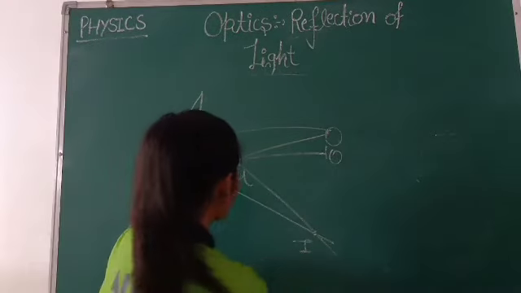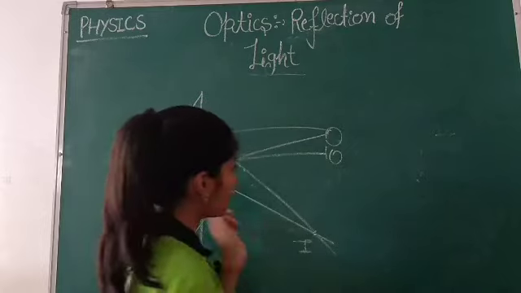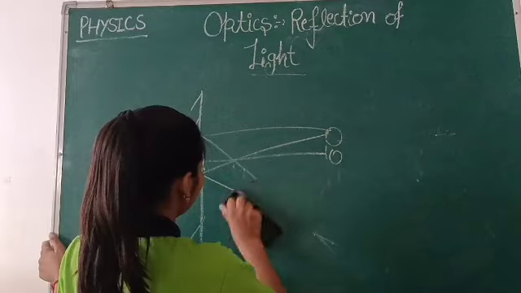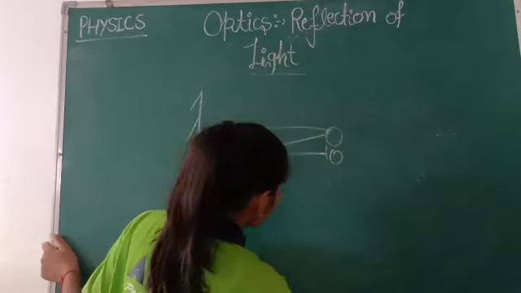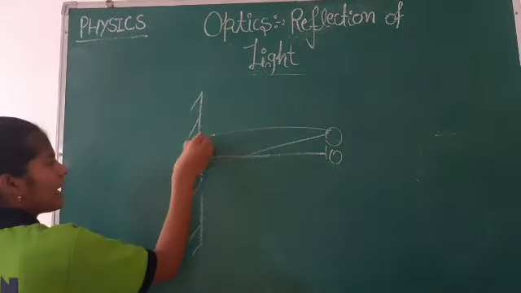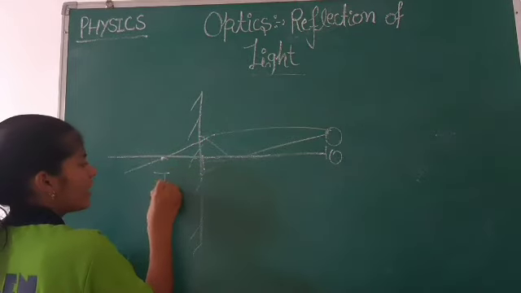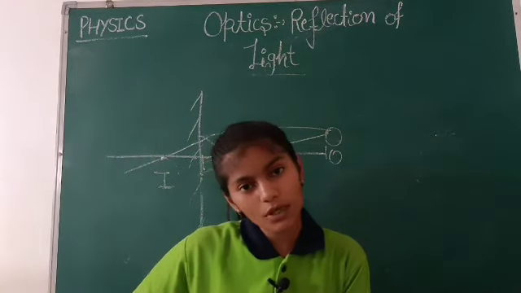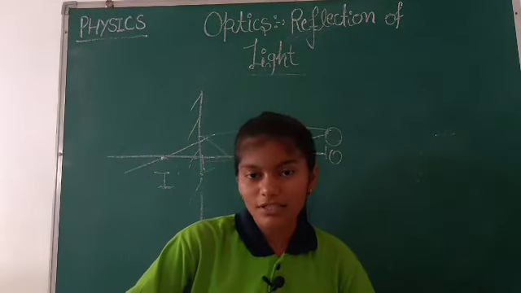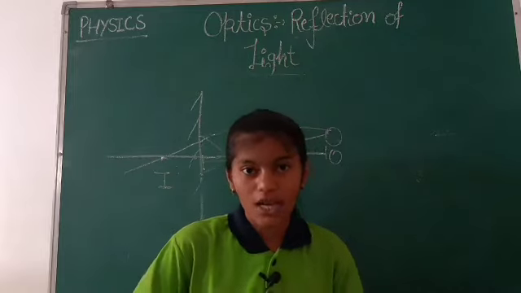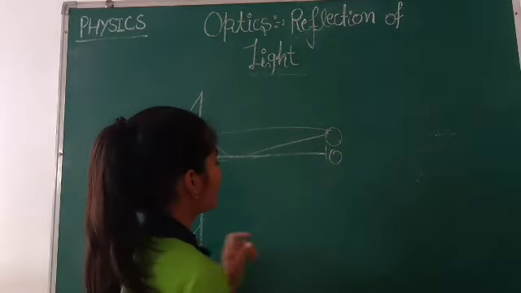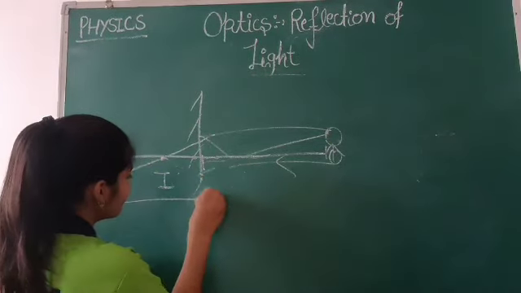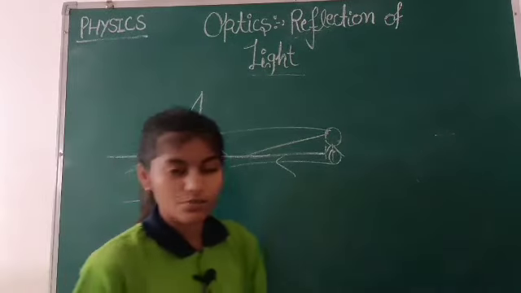Now what happens in the case of plane mirror is that the image gets formed on the back side. At some point these rays of light meet and the image is formed. This image will be at an equal distance, as object distance and image distance are equal. If a person is moving, then the image will also move in the corresponding direction.